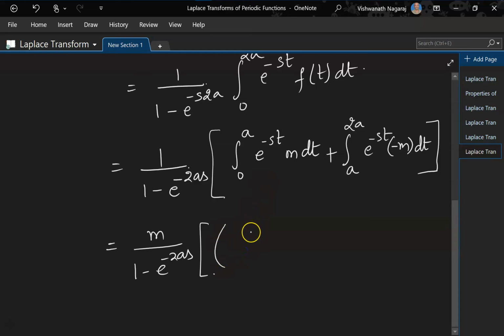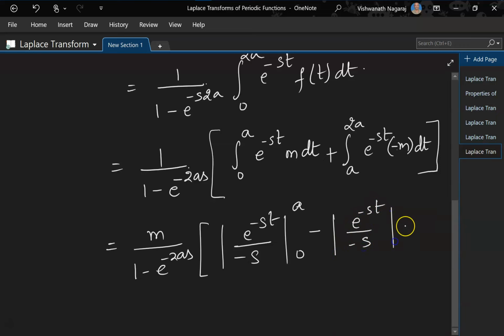That would be e to the power of minus st by minus s from 0 to a. Okay, here minus can be taken out, so minus e to the power of minus st by minus s, here it is a to 2a.